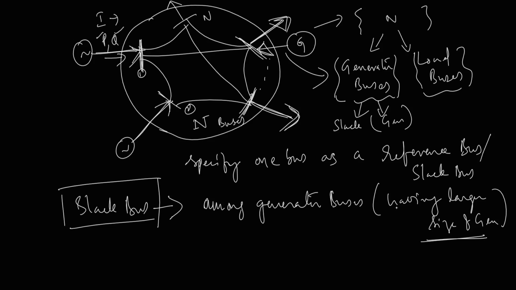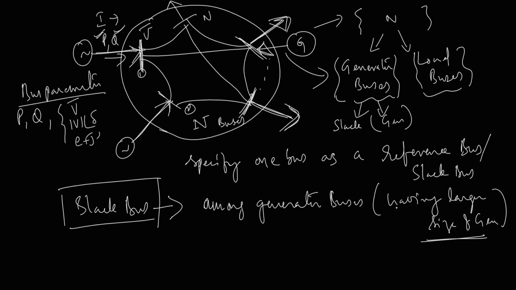So these are the two quantities, bus parameters, P and Q, and the other one is the voltage. Voltage can be a complex voltage, or it can have magnitude and angle, or it may have real and imaginary parts. All of them actually point to the bus voltage.